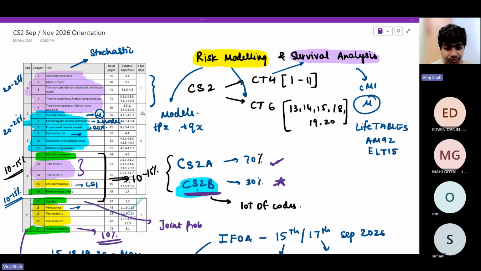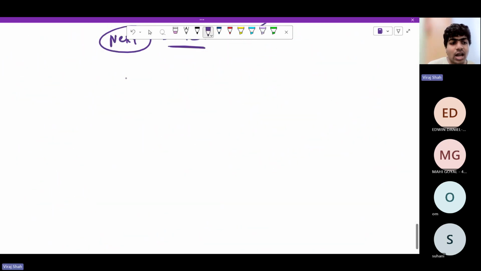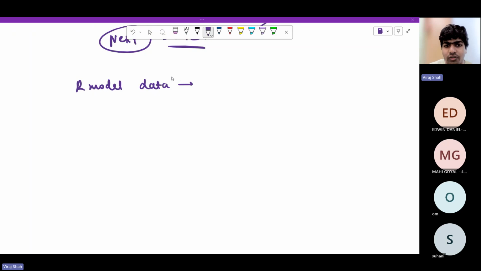One more thing that we do here: your R model program data comes, I think, 10 or 15 days ago, two weeks prior to your exam, correct?